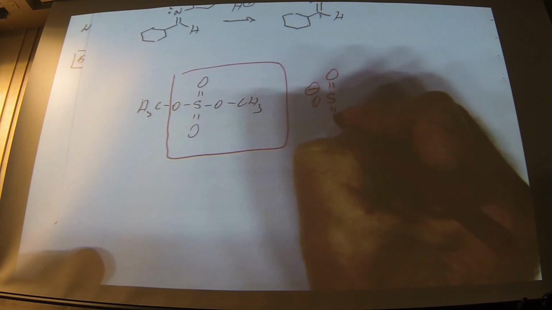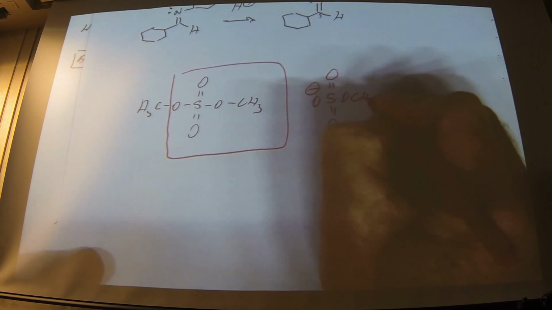Okay, so let's take a look at dimethyl sulfate. So dimethyl sulfate is the methyl ester, if you will, of sulfuric acid. Think of this piece here as O minus SO2CH3, okay?